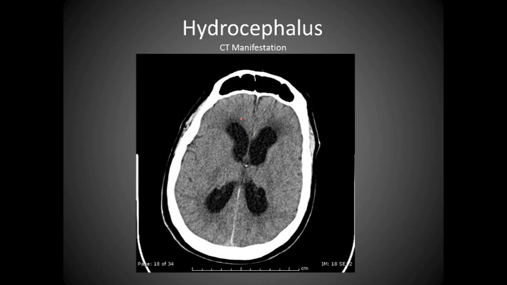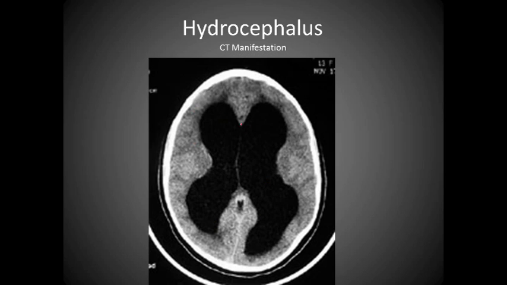Lateral ventricles. We have this thing that divides it in between, the septum pellucidum. And so we have the lateral ventricles coming in. We do have slightly enlarged lateral ventricles, but not to the extent that we previously saw.